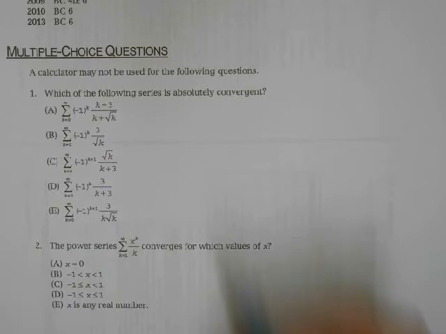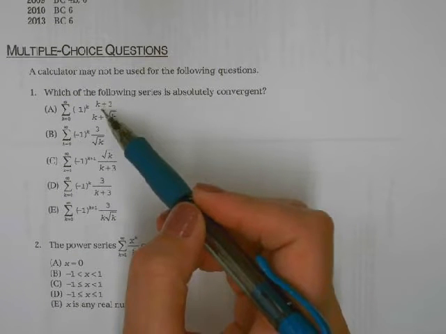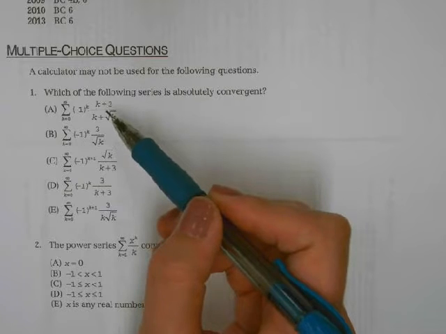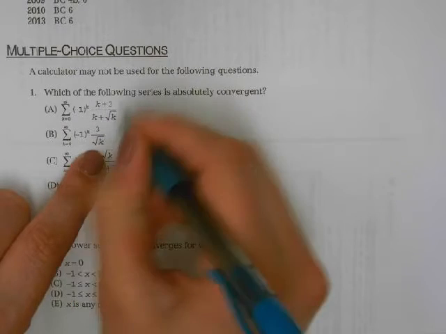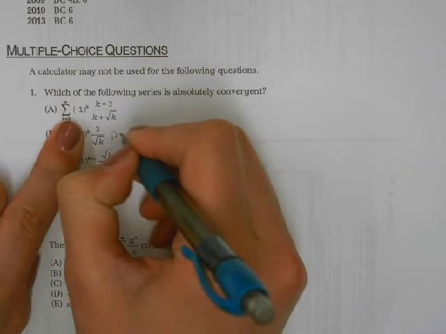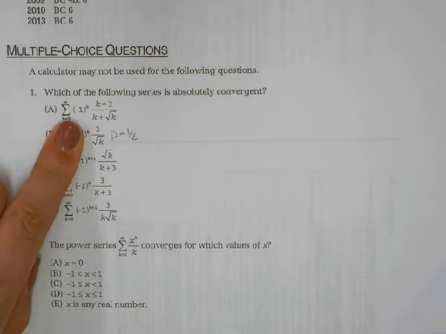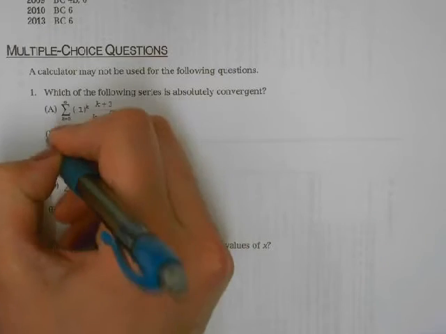I kind of ignored A, but this one is the P series test. If you ignore that, P is 1/2, and so that is divergent, so I knew it wasn't B.